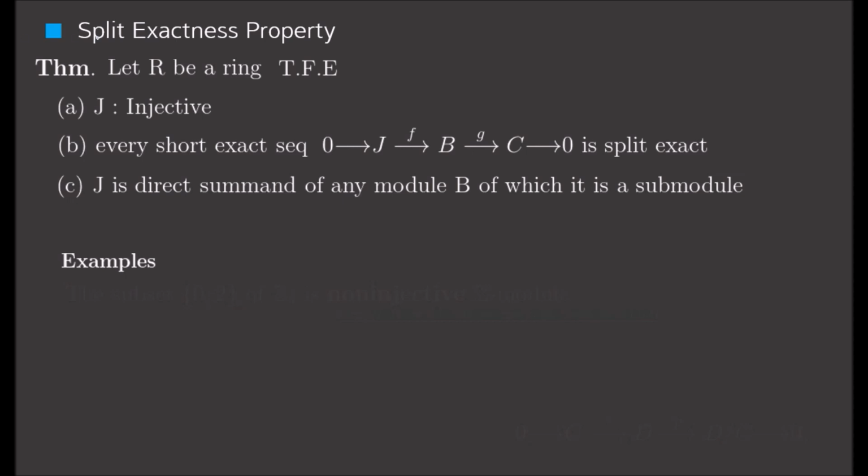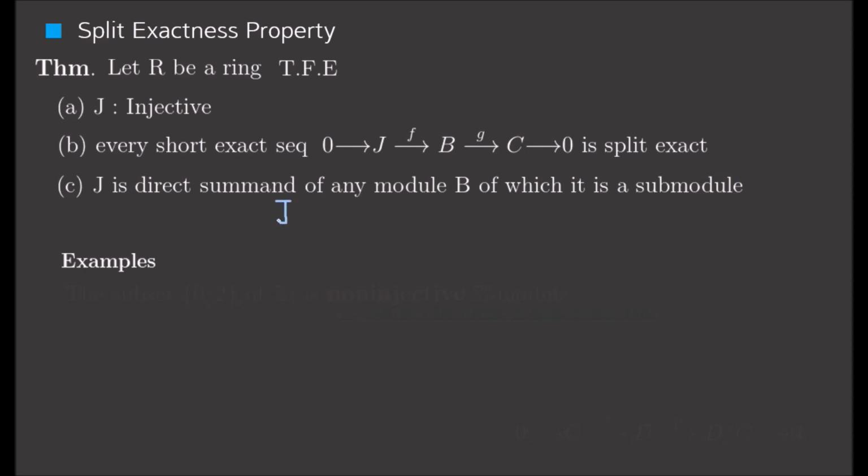Now, in the case of injective modules, there is a similar lemma to decide whether a module is injective or not. Let R be a ring and take the following equivalent statements. Statement A, J is injective. B, every short exact sequence is split exact. And C, J is a direct summand of any module B of which it is a submodule. This statement we can easily understand.